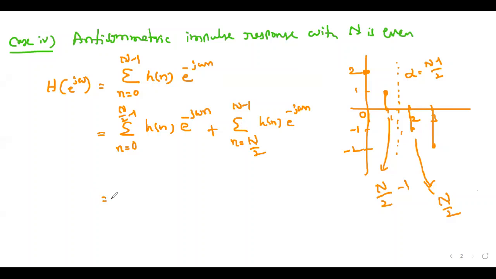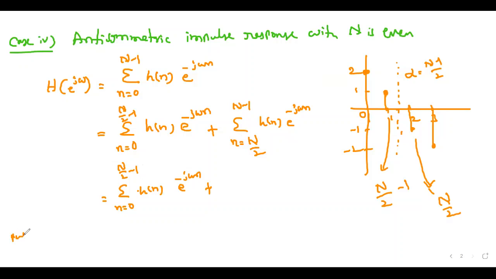This is equal to the first summation, n from 0 to N by 2 minus 1, h of n into e power minus j omega n. But here the summation limits are different. I want to club these 2 terms, so I have to change the summation limits.